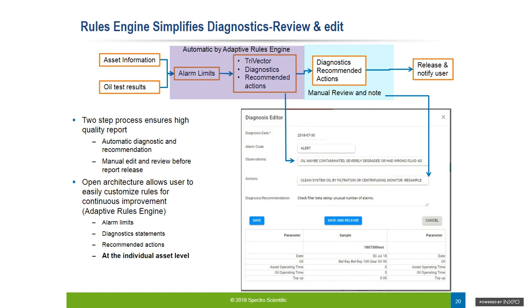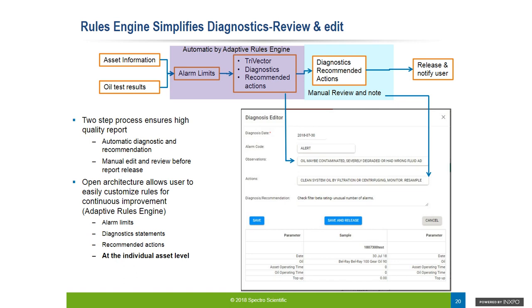Likewise, as it compares that, there are automatically generated diagnostics and recommended actions. You can see those called out below. Over time, you can also, at the individual asset level, change what the recommended diagnostic and action is for that particular asset, and then, of course, go through the final process of releasing and notifying the user.